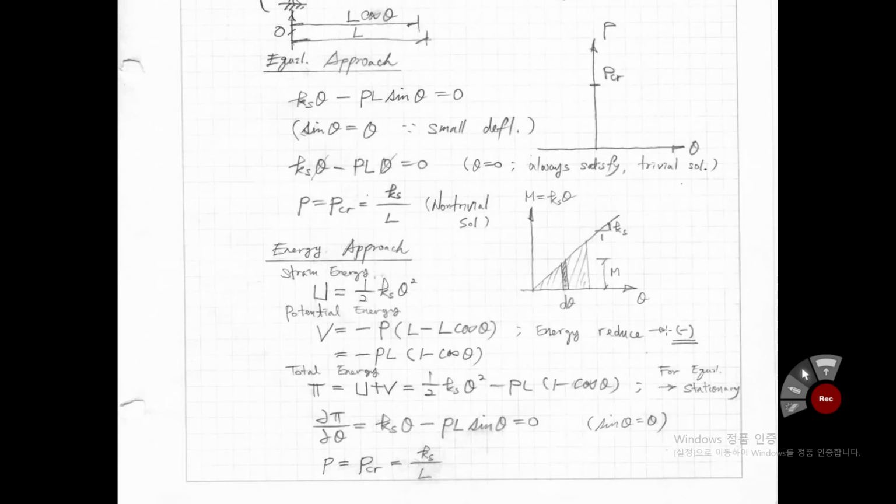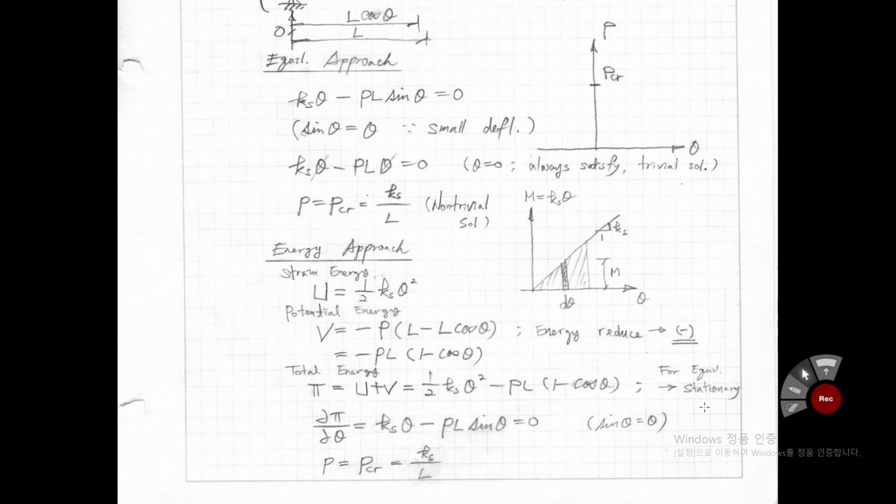So the total energy, pi, equals strain energy plus potential energy, U plus V. So this one and this one. We have to find the equilibrium position, so we have to have the stationary value.